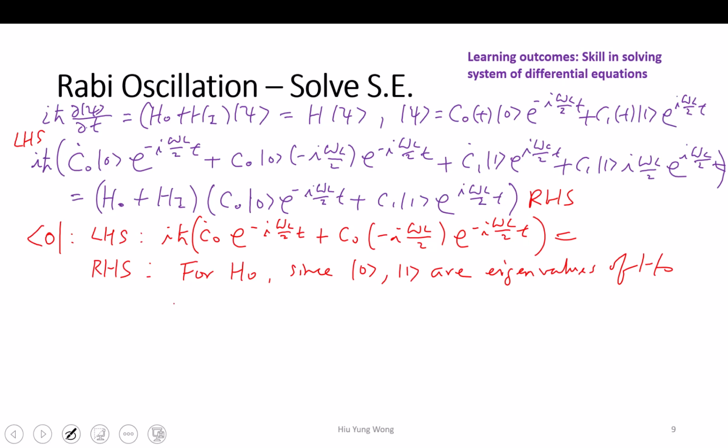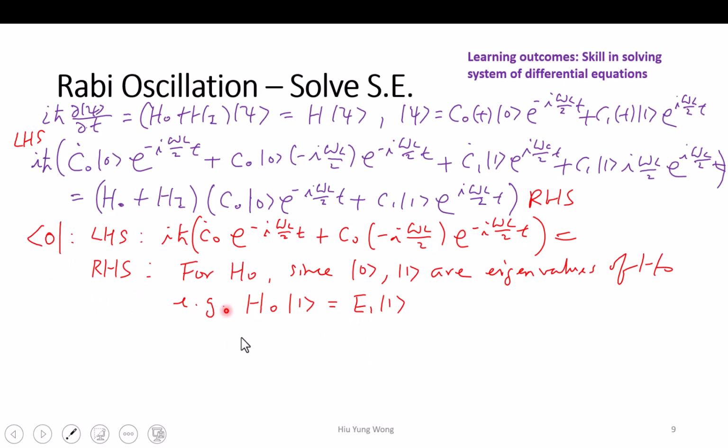For example, H0 applied to 1, I'm going to get the eigenvalue E1 times 1, which is just a number.